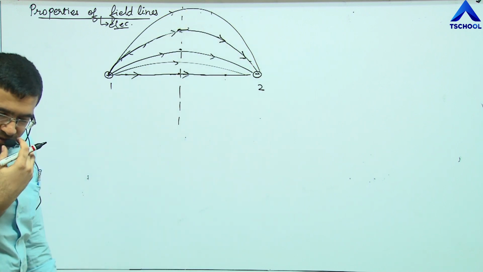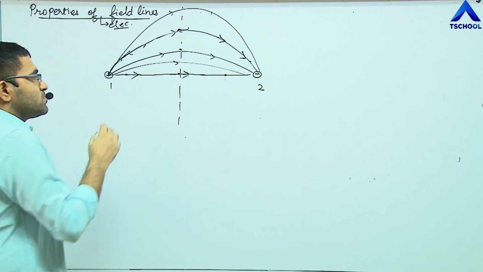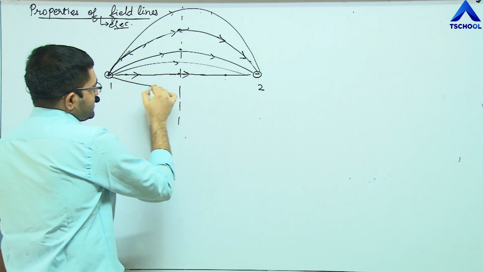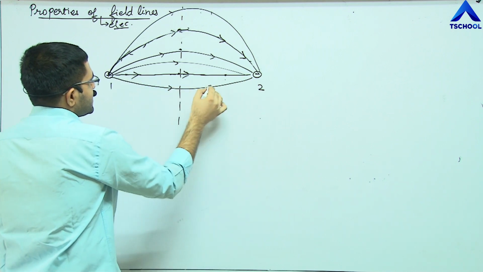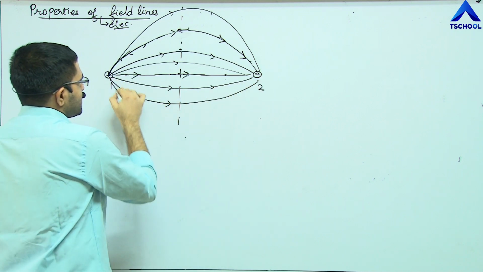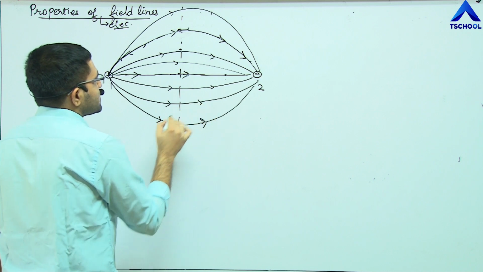So this is how you're going to have field lines going from the positive charge to the negative charge. That's not it. We have field lines going from here as well. I'm sure you have understood what we are doing.